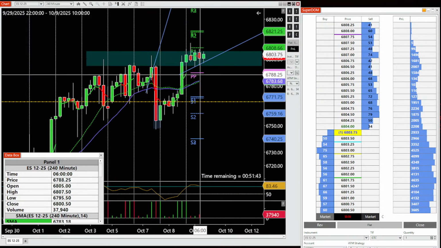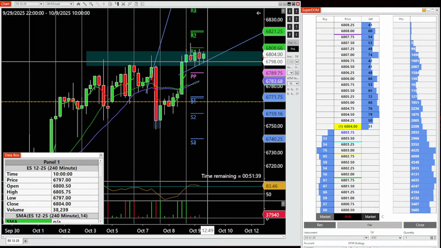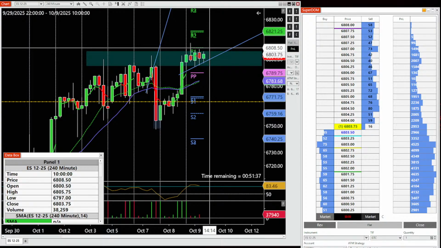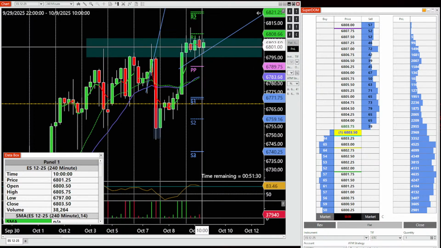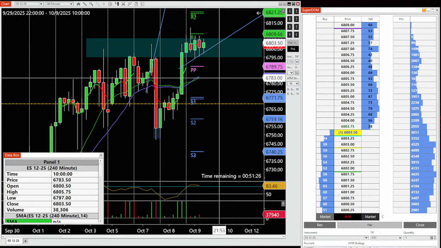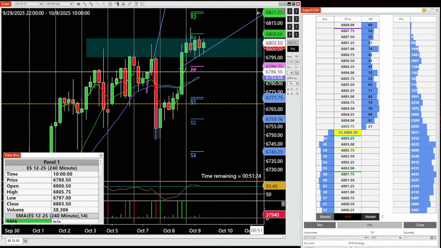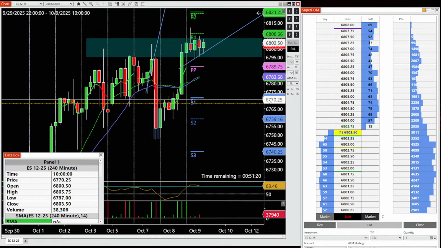How much room do we have? 7. You're looking at 8, 9, 10, 11, 12, 4 points. We need to at least stay over 03 though, at 325.